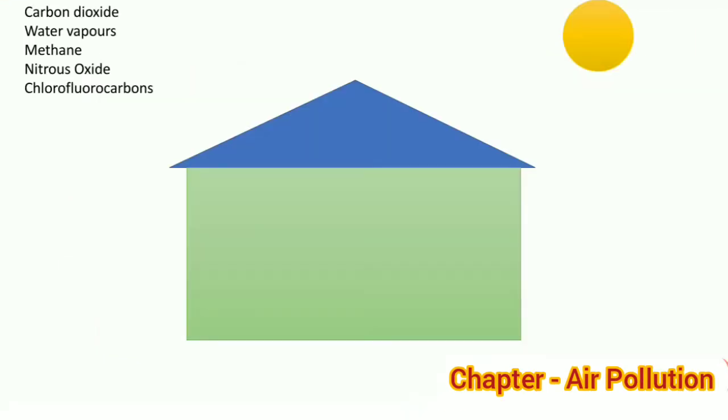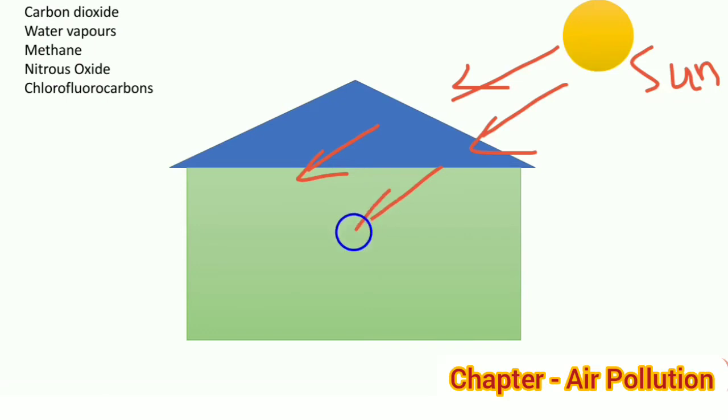So students, when the sun rays, this is the sun, fall on the walls of the greenhouse, a part of the radiation falling on the earth is absorbed by it. It means some amount of sun rays are trapped inside the greenhouse.